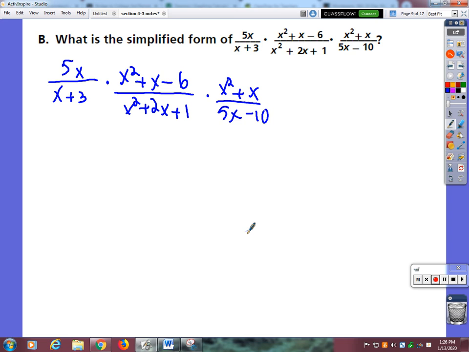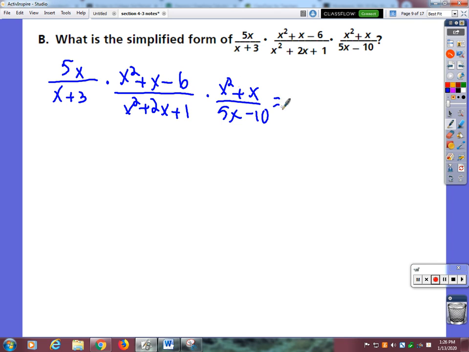Now we've got all kinds of factoring that we can do. Great question. The way you do the crossing with this is, since it's all multiplication, anything on the top cancels with anything on the bottom. It doesn't matter if it's here to here or this one to this one. Top and bottom cancel each other out, but it's got to be diagonal.